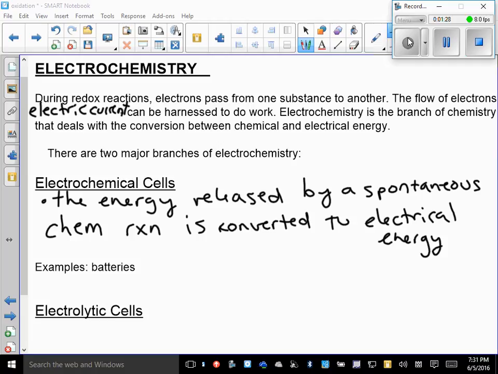So what we've done is we have gone from chemical to electrical energy. One example would be batteries.